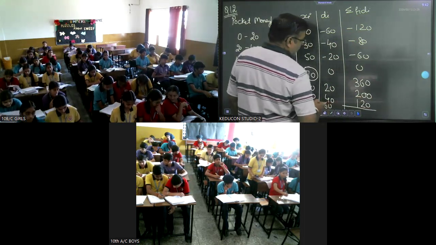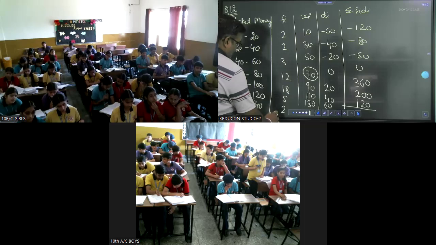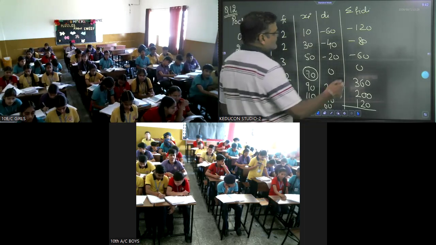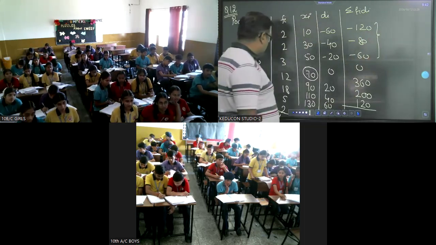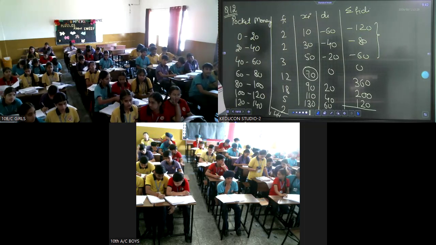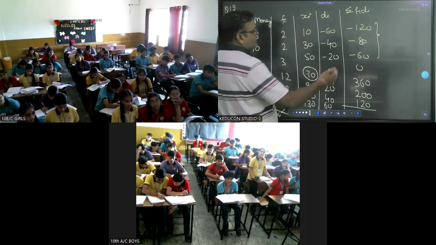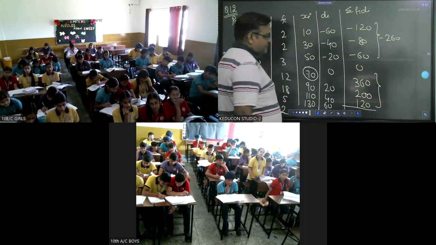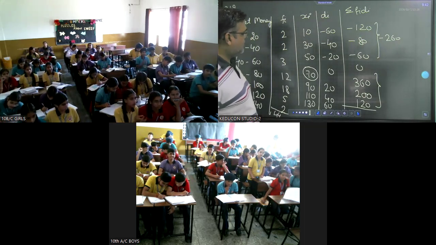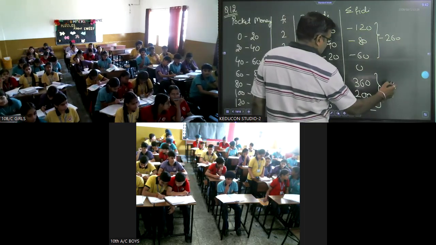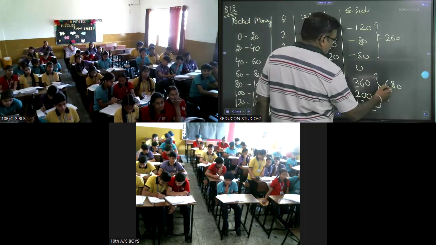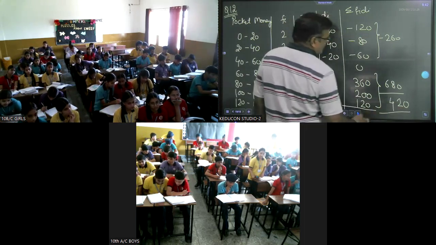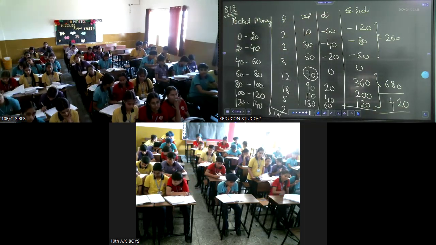What is the summation f i? 44. So summation f i is 44 and summation f i d i is 420, so this comes out to be 420. Subtract the negatives from the positives, how much did it come to, children? 420. So now you have to find out the mean.